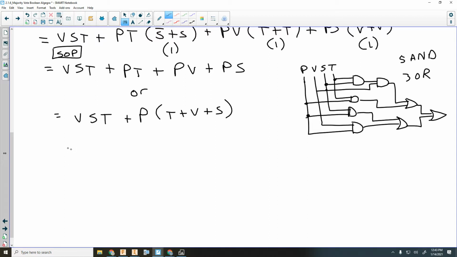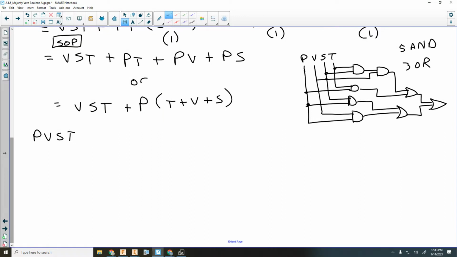Okay, of course, if I do this one, PVST, it's a little bit harder to troubleshoot, but it's actually a simpler circuit. If we were making thousands of these, we would want the simpler circuit. Right?